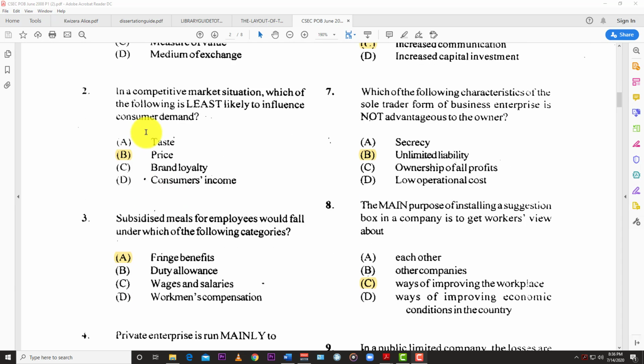Number 2, in a competitive market situation, which of the following is least likely to influence consumer demand? Okay, so I went with B, which is price. But the reality is some others can influence consumer demand. Of course, consumer income will influence their demand. Brand loyalty, taste. Now, some people might go with brand loyalty for the mere fact that most competitive markets have homogeneous products, meaning that the products are virtually the same.